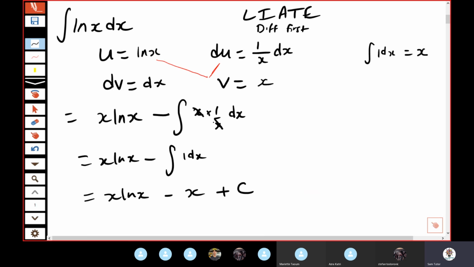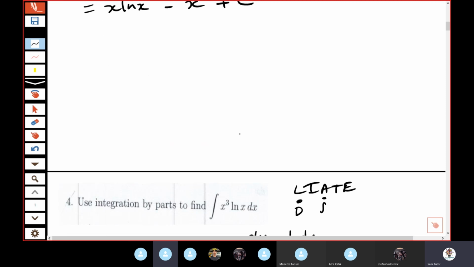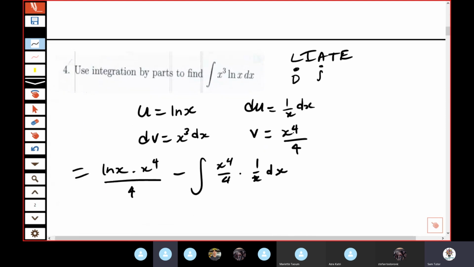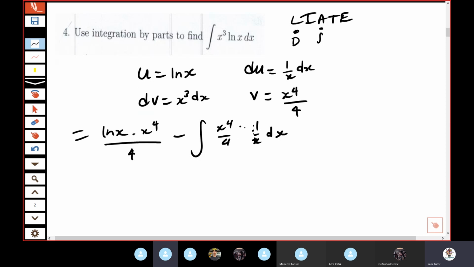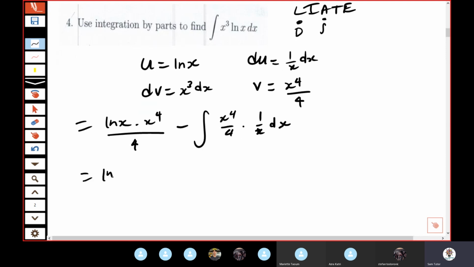So I don't want you to keep writing this and then canceling, wasting a line. Same thing here: x to the 4 is on top, x is on the bottom, you're meant to say x cubed's on the top. Obviously, all of today I'm not going to do that, but it's important that you start seeing this stuff. So this becomes x cubed on 4.